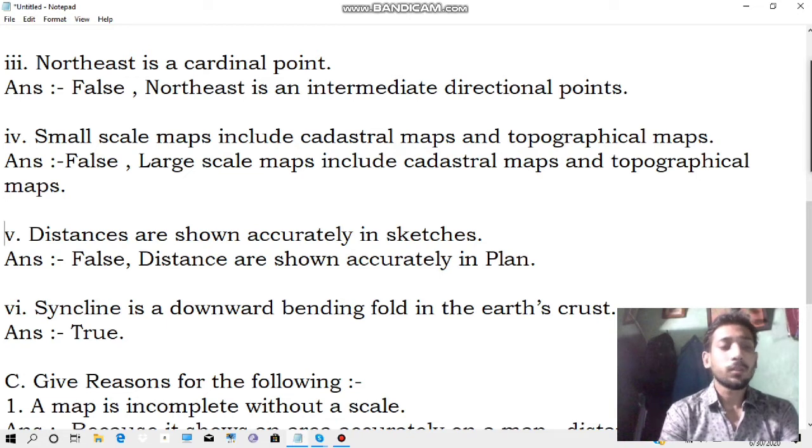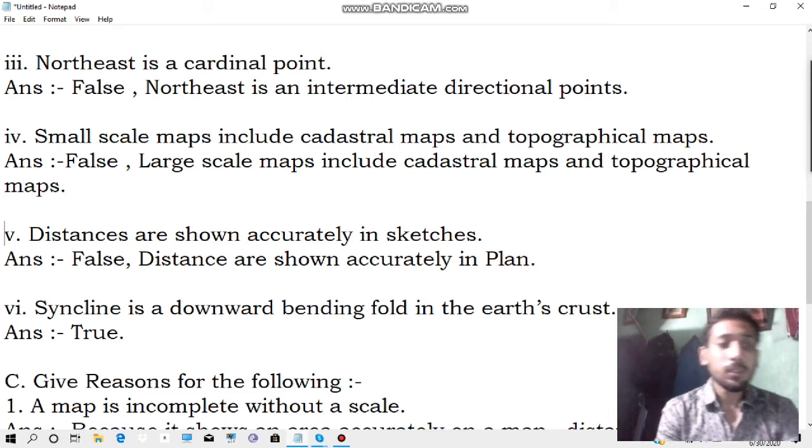Answer false. Why? Because in the sketch there is no accuracy. The accuracy is absolutely zero. And in the plan we get all the details with good information. Like we know the distance from one place to another place, and a plan mainly takes a smaller area. So the accuracy is high.